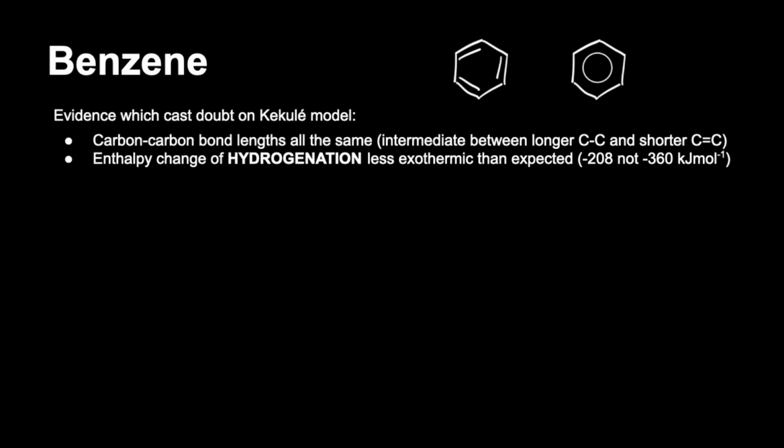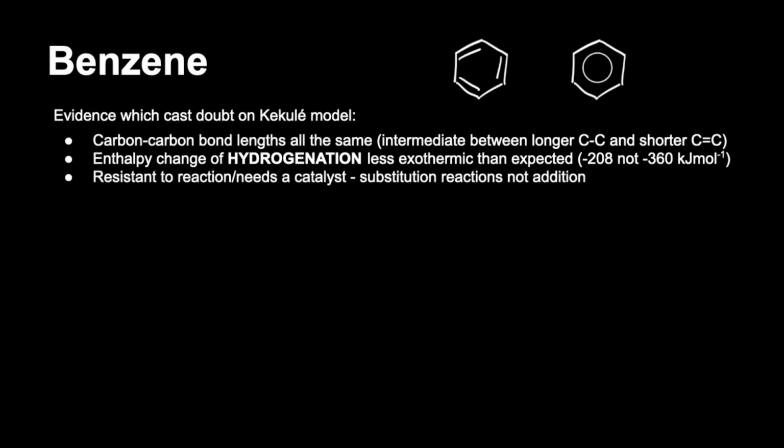You don't need to remember the numbers, but minus 208 was the actual, but they expected minus 360 kilojoules per mole because they were comparing it with cyclohexene, which they had measured at minus 120 kilojoules per mole. So 3 carbon-carbon double bonds should be 3 times that, but it wasn't. It was less exothermic than expected.